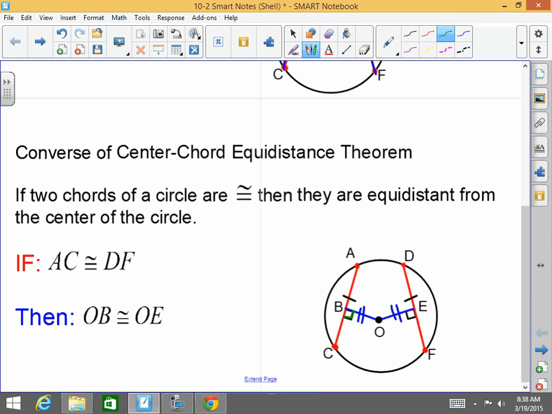Okay, sorry about that. Okay, so just to expand upon this, since this OB is perpendicular to AC, that means it will actually bisect AC. Now, if I take a radii here, this guy is congruent to this guy. You have OB is congruent to itself.